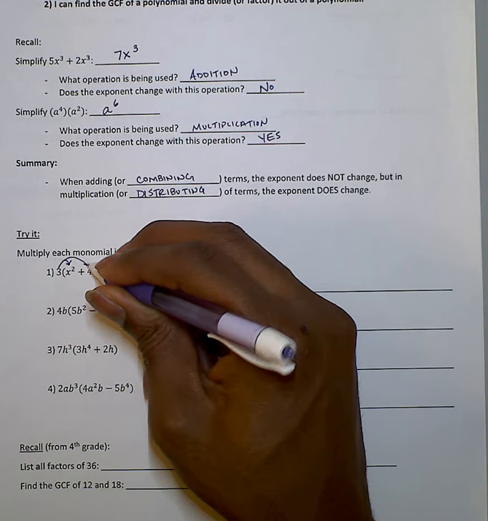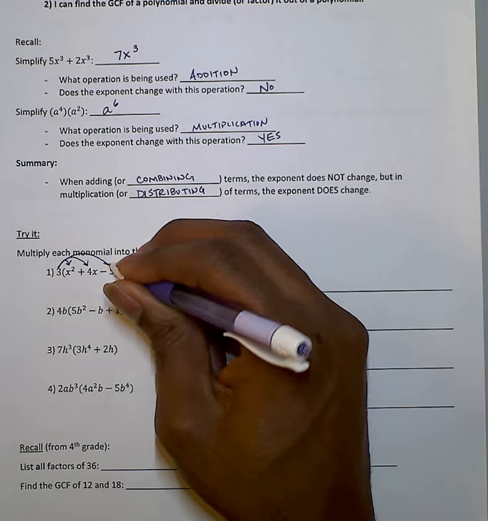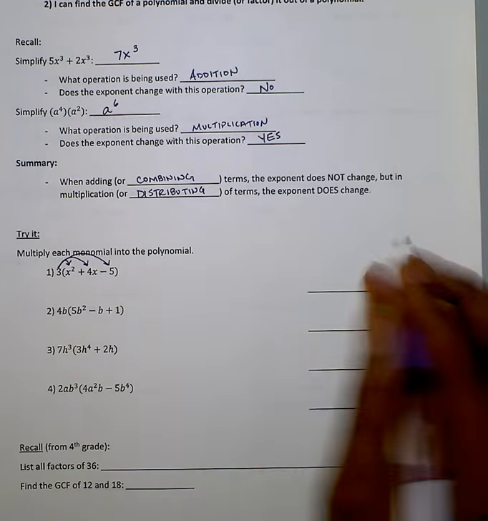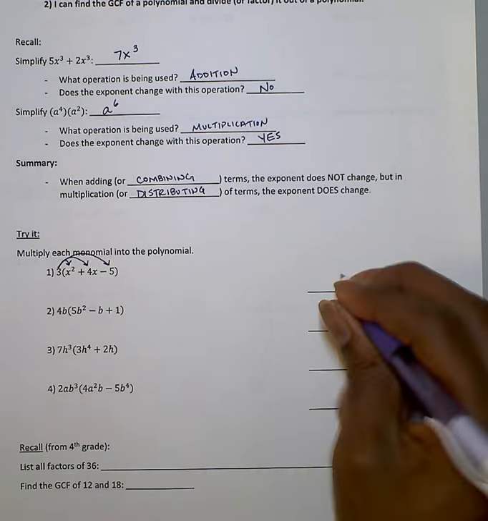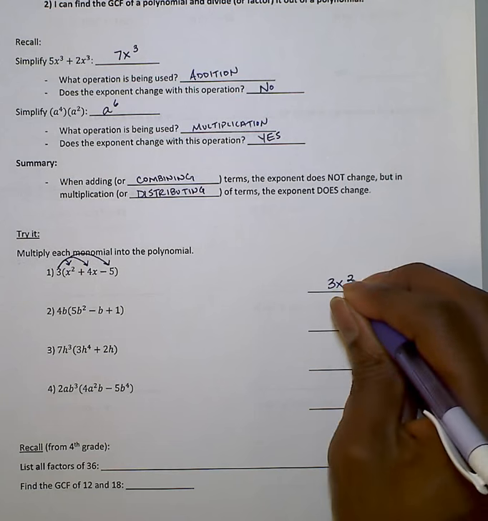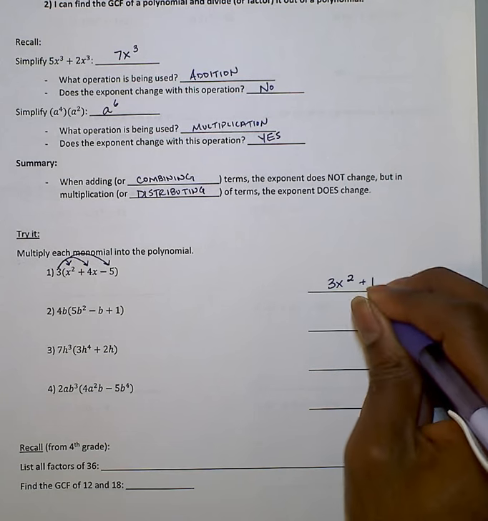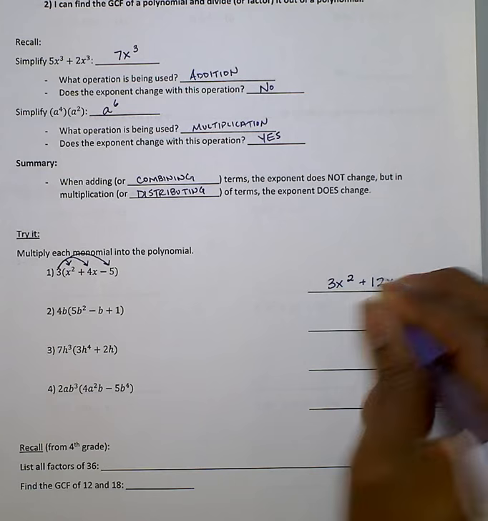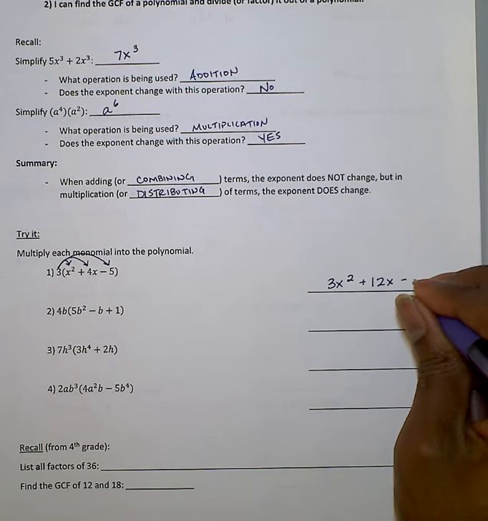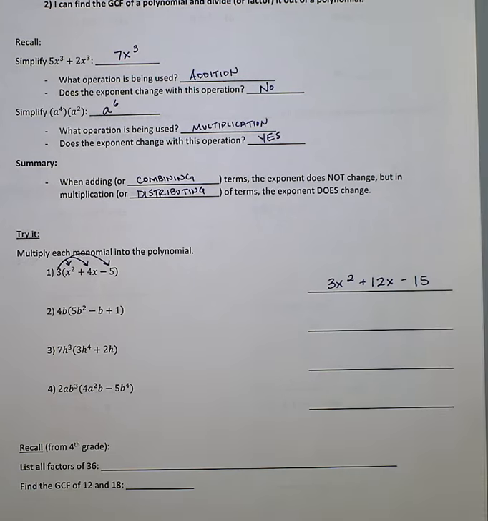Distribute, distribute, distribute. So 3 times x squared is 3x squared. 3 times 4x is 12x. 3 times negative 5 is negative 15. Notice there are no like terms here, so we don't have to add anything, we just have to multiply.